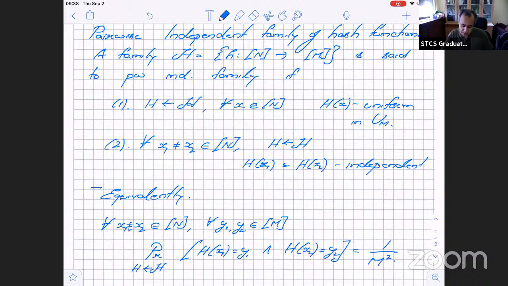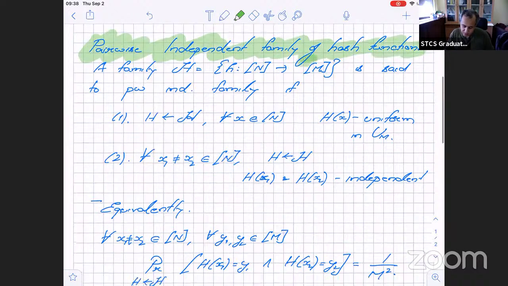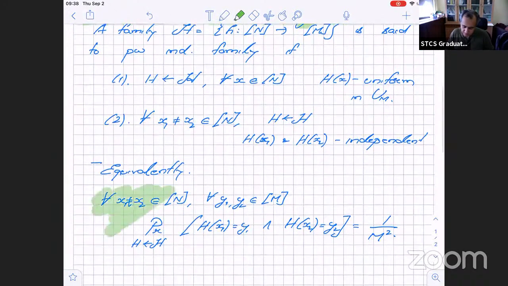This is what we want. We have a pairwise independent family of hash functions.